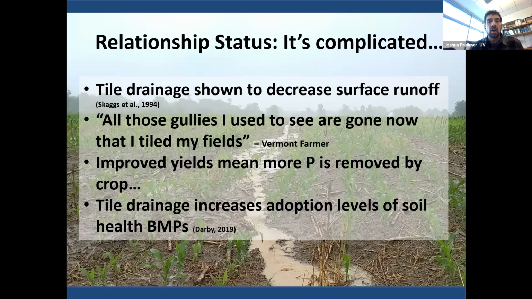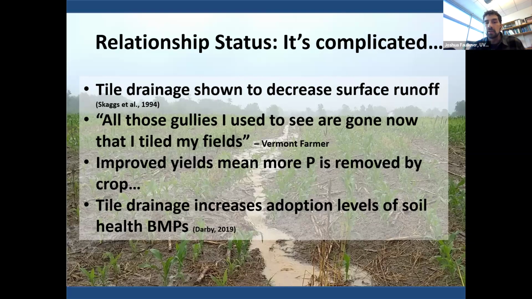We also see, because we're decreasing surface runoff, anecdotally, that we're decreasing surface erosion in some cases. And improved yields with drainage, especially in a summer like 2023, means more phosphorus is removed by the crop. If we don't have a healthy crop, we're not removing phosphorus from the soil.